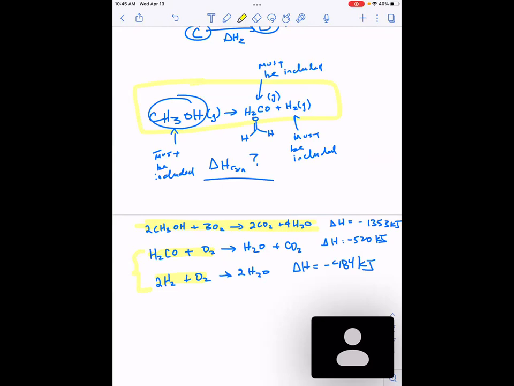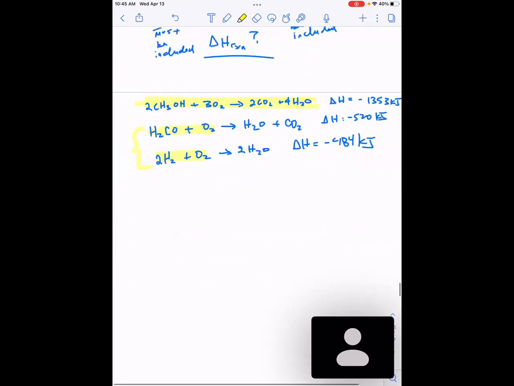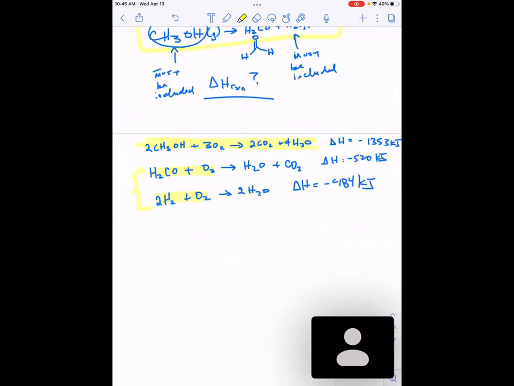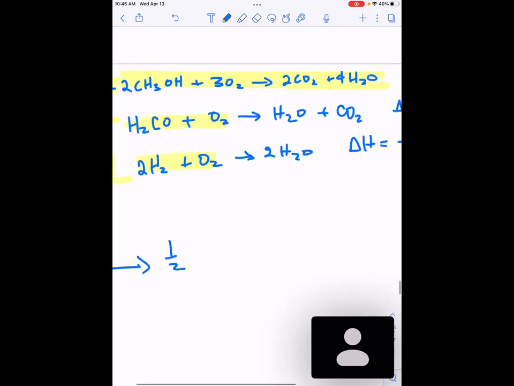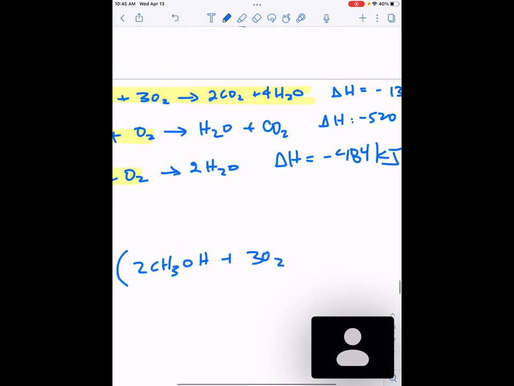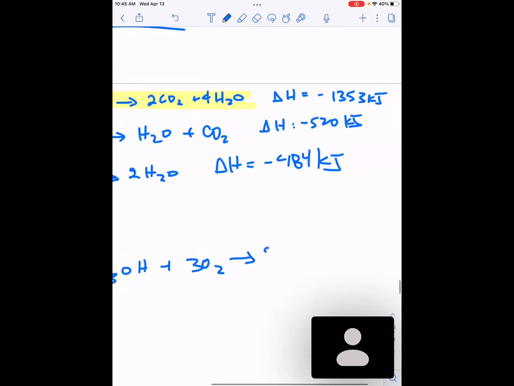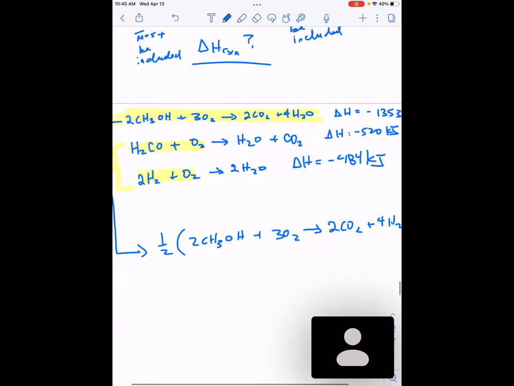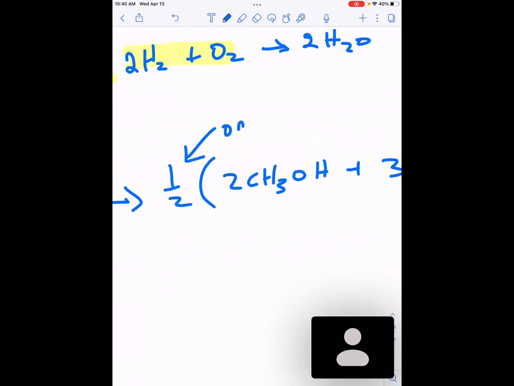All right. With the first reaction, there's 2 methanols present, but we only need 1. So we're going to take this whole thing, 2CH3OH plus 3O2 going to 2CO2 plus 4H2O, and multiply through by 1/2 to cut the amount of methanol, because we only need 1 methanol and we don't have a way to cancel that.